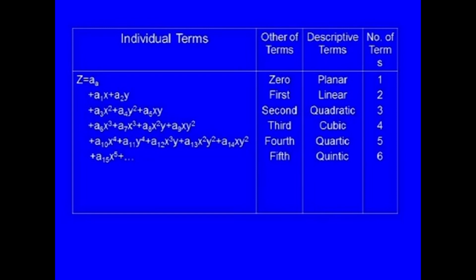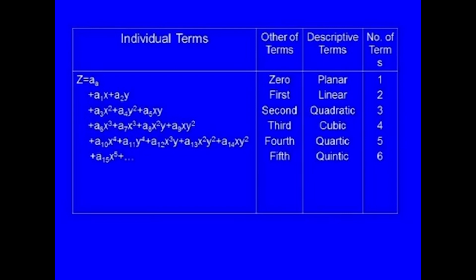It can be categorized in terms of the order, or it could be in a descriptive form. So, if z is only equal to a0, then this is a zero order polynomial, and it can be described as a planar model, and there is only one term in it.